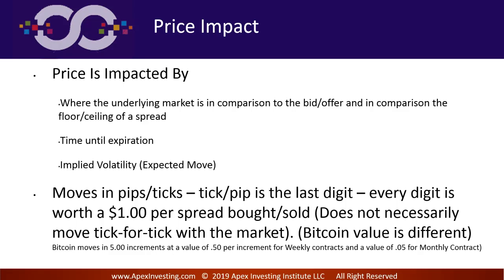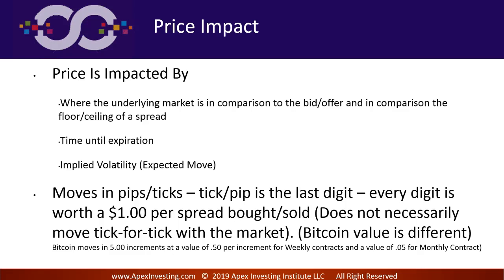Well, in this case, a tick on a futures contract is the minimum increment move. Or a pip is for when you have two currencies against each other. The nice thing is, on Nadex, a pip, a tick, it's all the same. So we use those terms interchangeably when we're talking about pips and ticks on spreads.